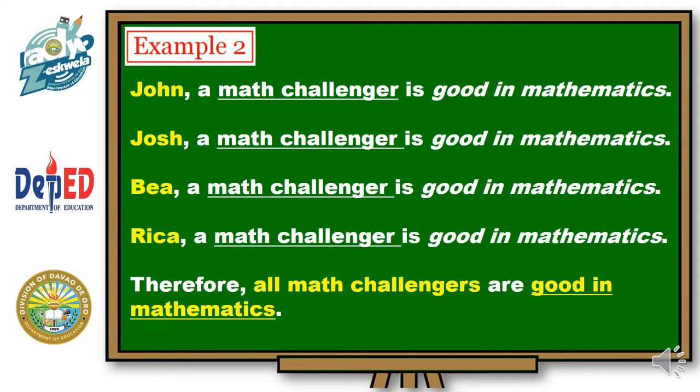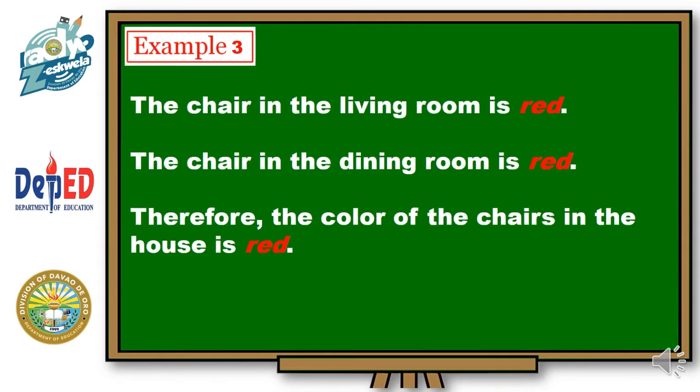In our second example, you are given specific names of math challengers. We have John, Josh, Bea, and Rika, who are good in mathematics. From these specific examples, you can generalize that all math challengers are good in mathematics.